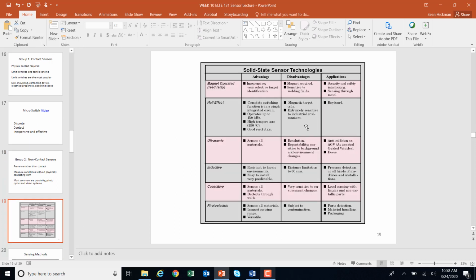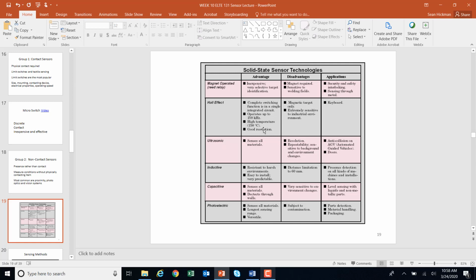In your handouts this week, there's a very large PowerPoint on how all these solid state sensors work. You are responsible to read that, go through it, understand it, and see how it references this lecture. So what we have here are our solid state sensing technologies: magnetic reed, Hall effect, ultrasonic, inductive, capacitive, photoelectric.